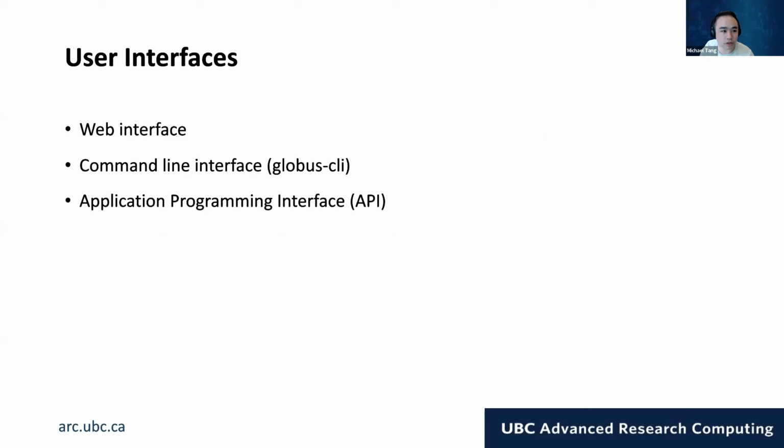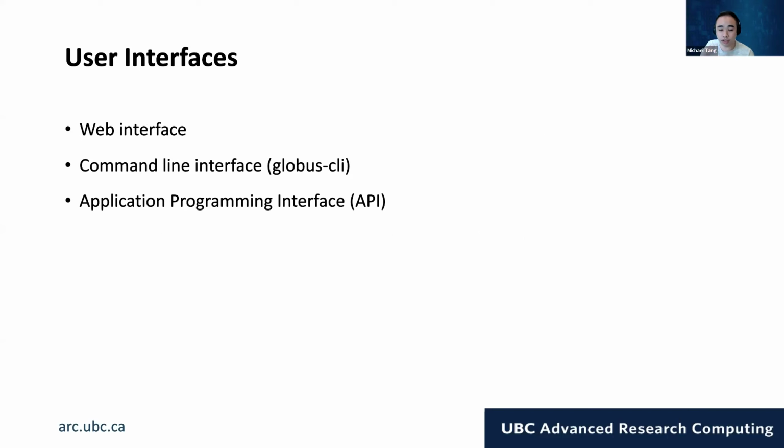So we mentioned all the great things about Globus, how you can use it in research. Well, how do you interact with this tool? The most common way to interact with this platform is through the web interface, which will be shown during the demo as well. You can use your preferred web browser, so that's Google Chrome, Mozilla Firefox, or anything like that.